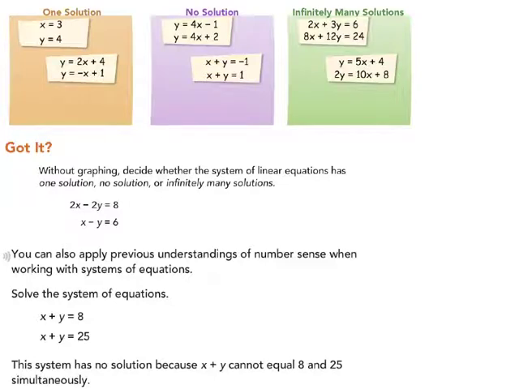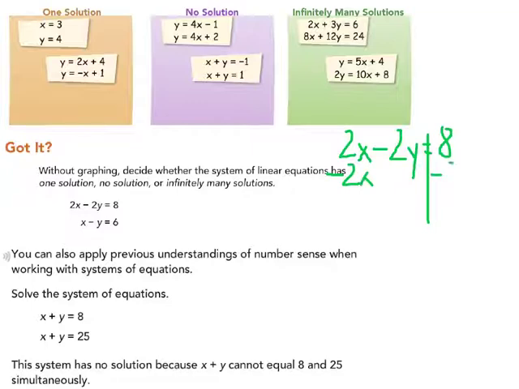So in this Got It, we are going to look at the equations and put them in slope-intercept form. So I have 2x minus 2y equals 8. So I'm going to subtract 2x from both sides to get the y by itself.